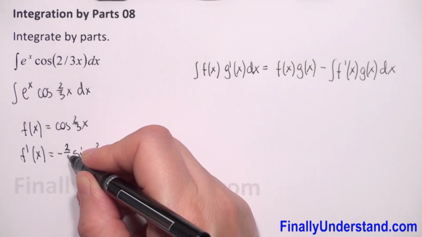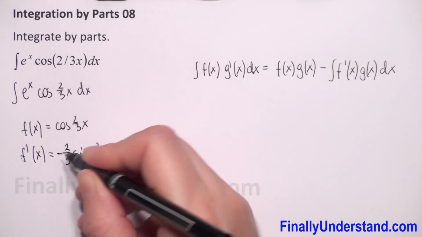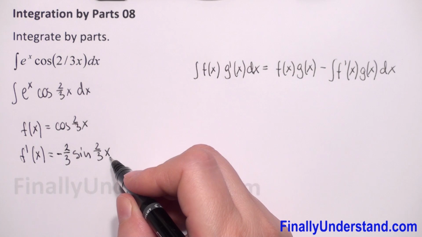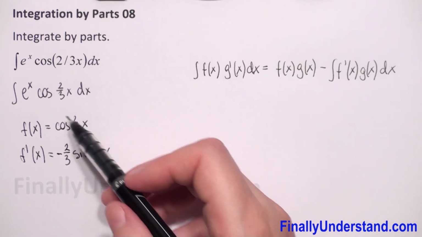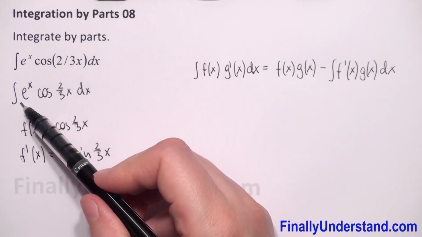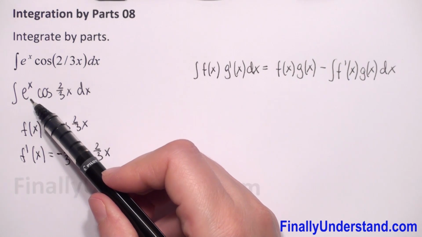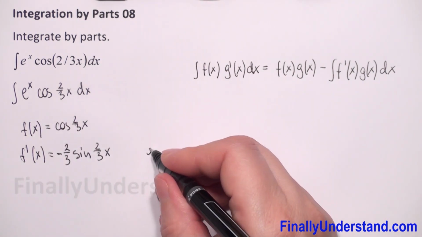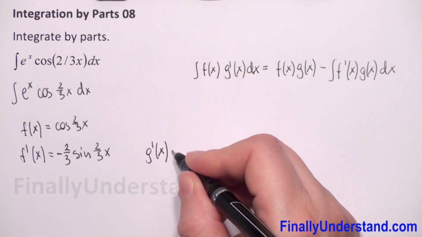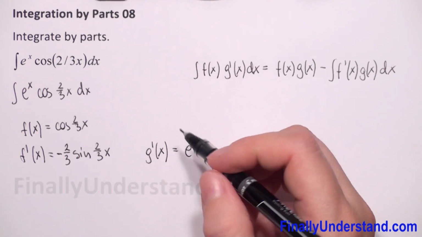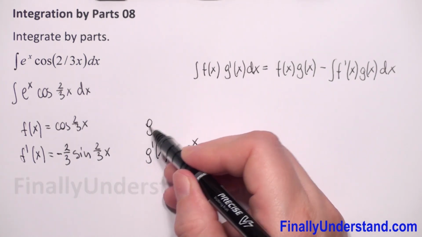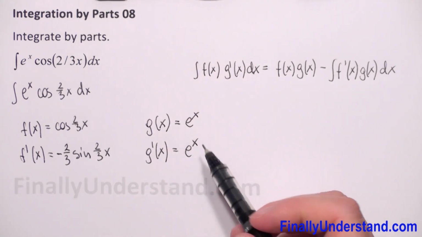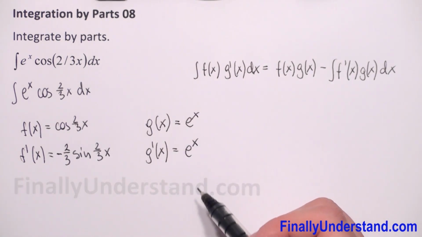We have negative 2/3 times sine of 2/3x. So now whatever left in our integrand, so this is e to power x, is our g prime. G prime of x is equal e to power x. So our antiderivative is e to power x, because derivative of e to power x is e to power x.